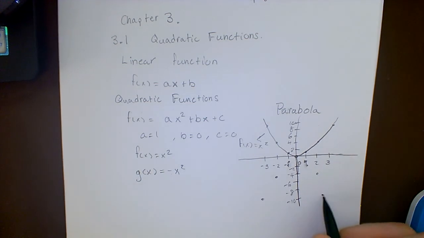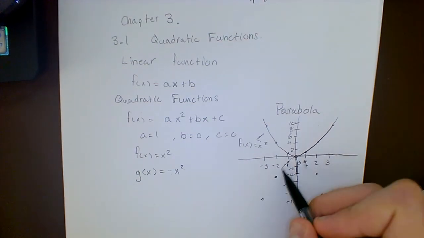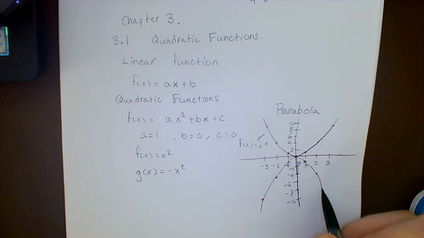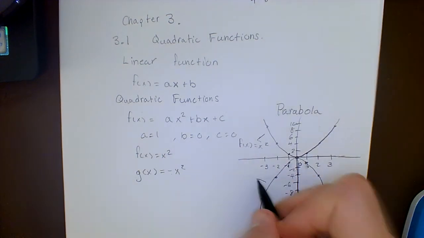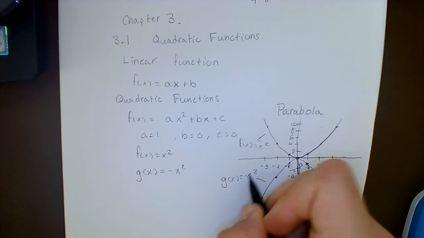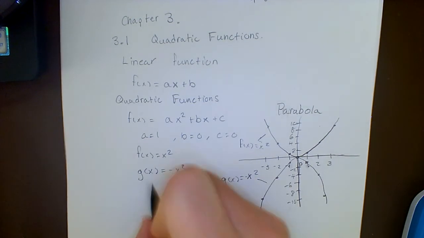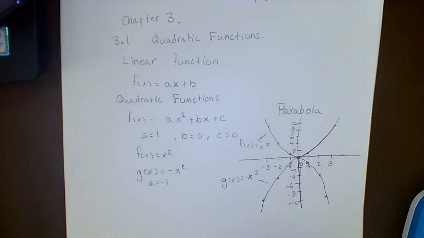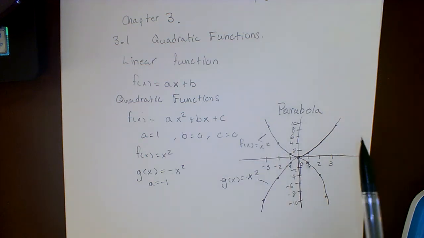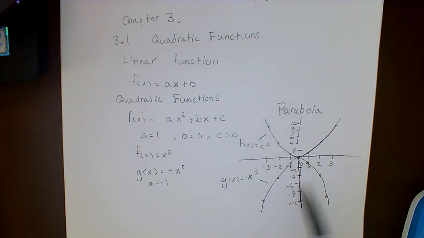So if I'm graphing g of x, where a is negative 1, then notice it just flips this positive parabola, or upward opening parabola, into a downward opening parabola.